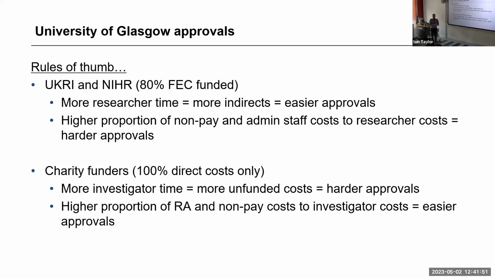It's usually because of this pressure around the funding. The higher the proportion of researcher and non-pay costs to investigator costs, the easier the approvals, because research assistant costs and non-pay costs are 100% funded, and the investigator costs are not funded.